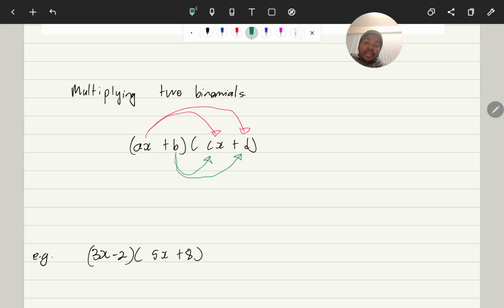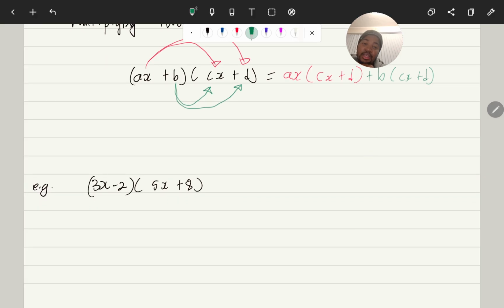In short, this is going to be ax multiplied by cx plus d, and then plus bx multiplied by cx plus d. Do you see it? Cool.